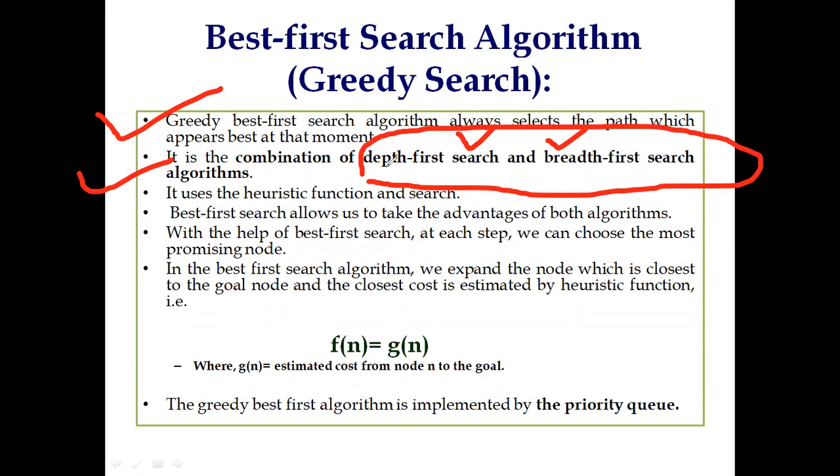But its complexity may increase, as the search grows level by level, one level, second level, third level. Obviously the complexity will increase, but you are surely going to get a solution. These are the advantages of depth first and breadth first search, and the best first search algorithm combines both of them, trying to take the advantage of each.